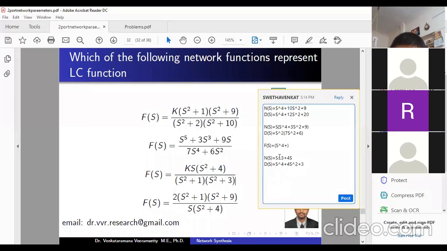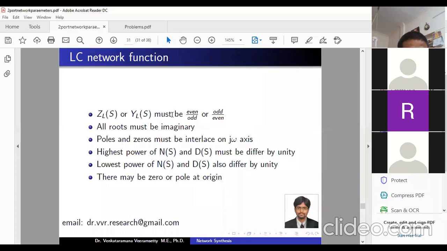So if you observe, it is s power 3 and s power 1, odd, and here s power 4, s square, s power 0, even. So it is odd by even. That means the first condition is satisfied.